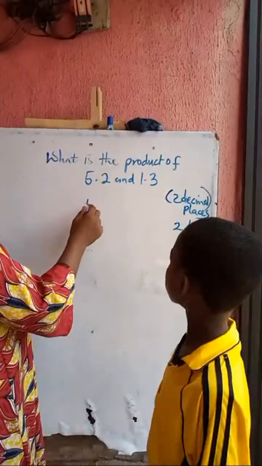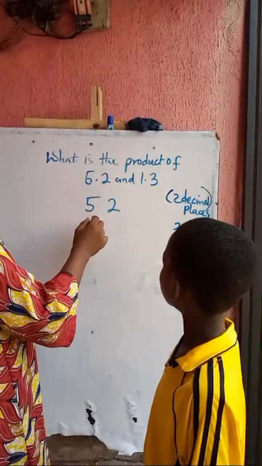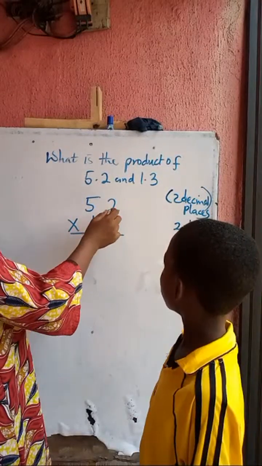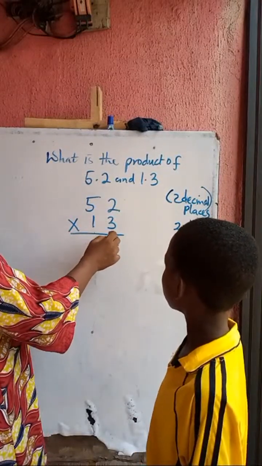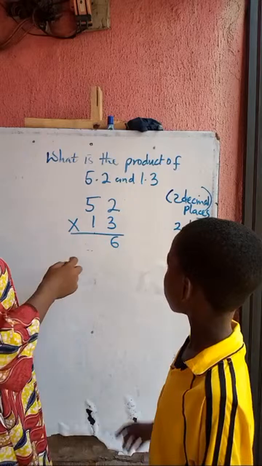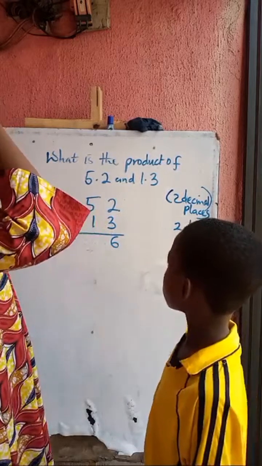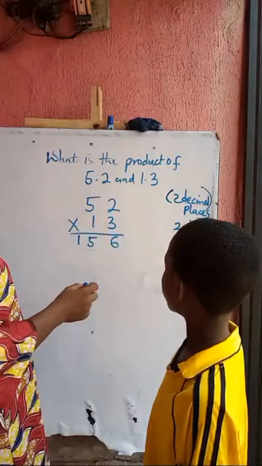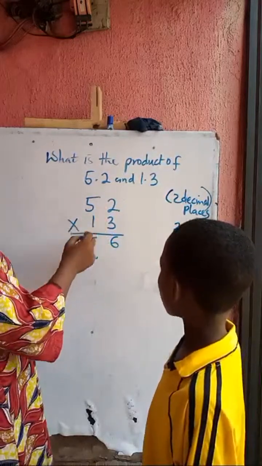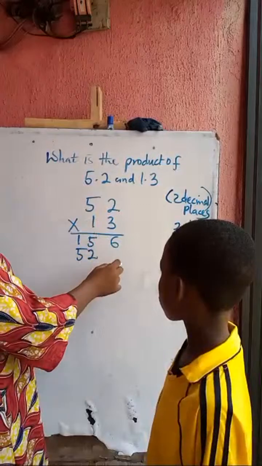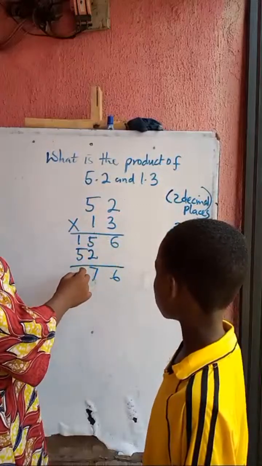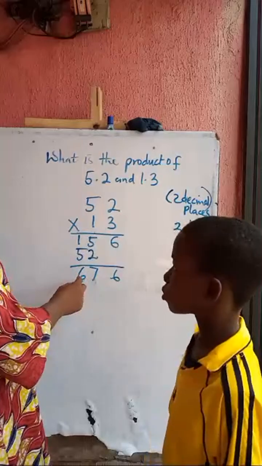So we now multiply it as whole numbers, which is 52 and 13. 2 times 3 is 6. 3 times 5 is 15. 1 times 2 is 2. 1 times 5 is 5. So we have 676.